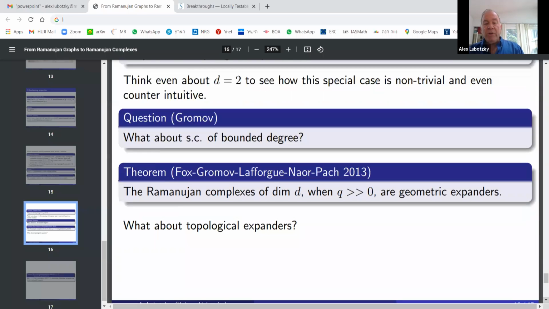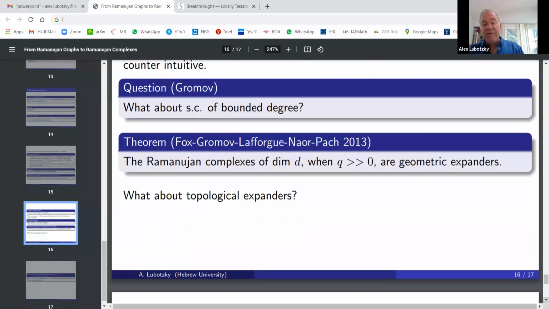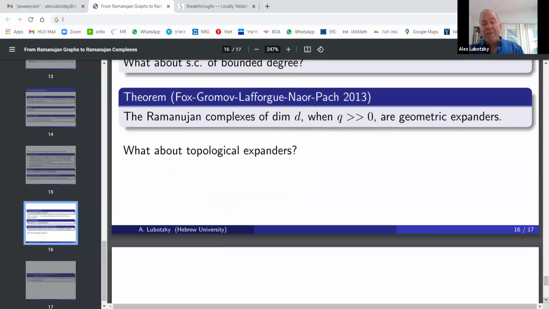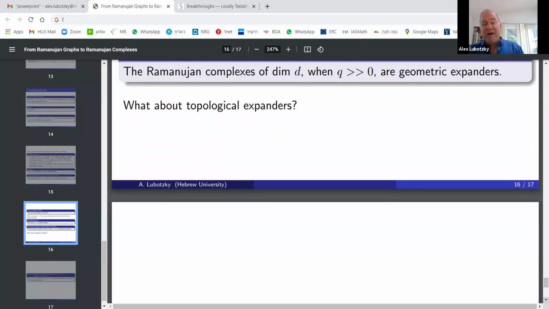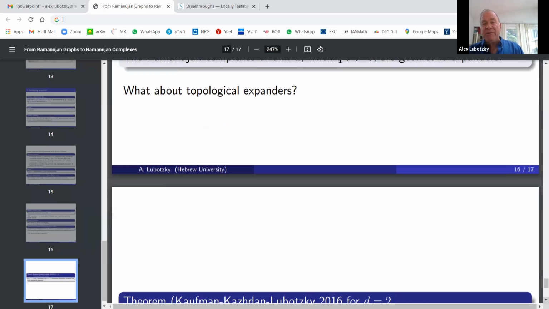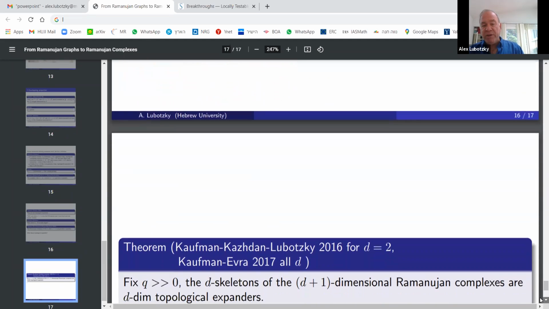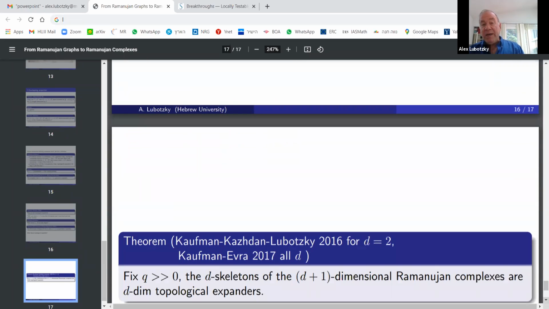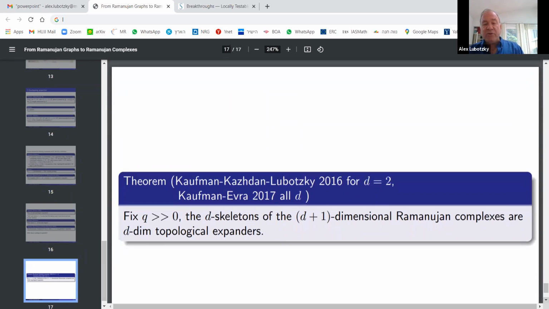I started to look at that, and then they left open the question: can you find topological expanders, the much more difficult property, with bounded degree? And actually, I talked with Gromov, and he was not sure if they really exist at all.